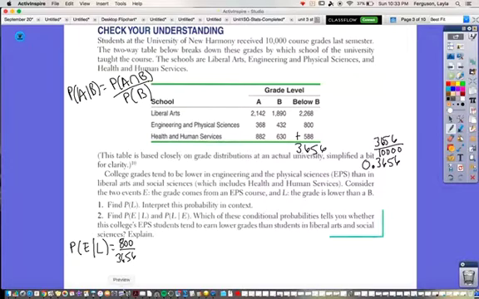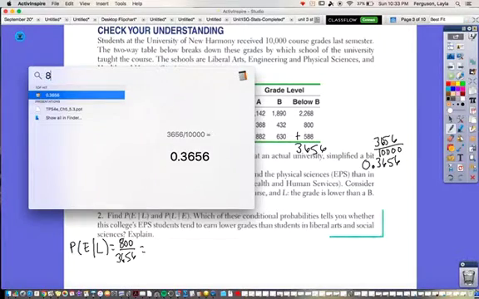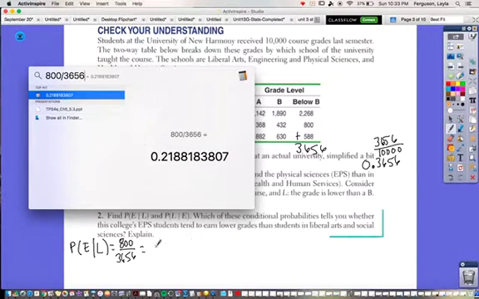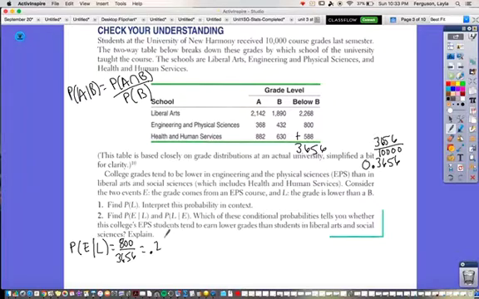So if I were to divide that out, I would get 0.219.